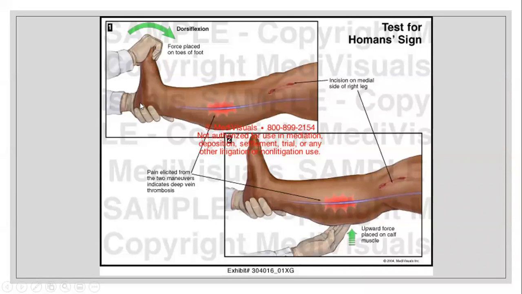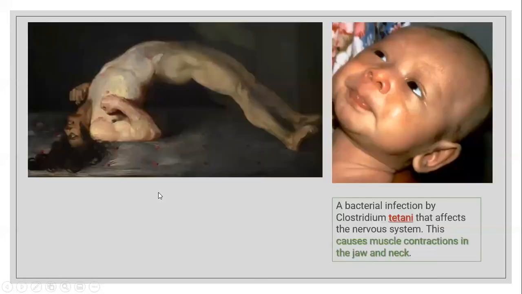So when you put one hand on the heel, the other hand forcefully dorsiflexes the foot at the toe, and the patient complains of pain. So here, pain elicited from the maneuver indicates deep vein thrombosis.